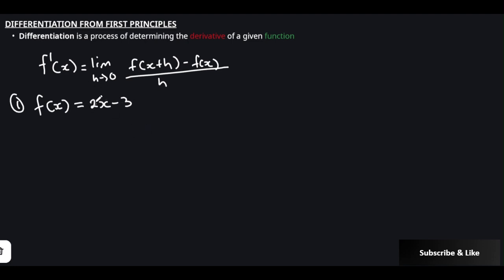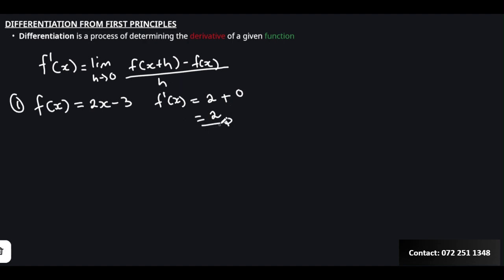If they just said determine the derivative of this function and didn't say anything about first principles, you know that since it's 2x and the x does not have any exponent, so we know that it's 1. So therefore the derivative of 2x is going to be 2, and since we have a constant, the derivative of the constant is going to be 0. Therefore the final answer there was going to be 2.